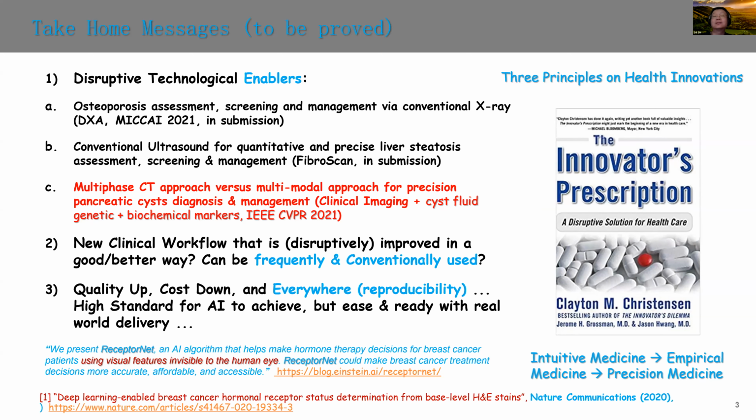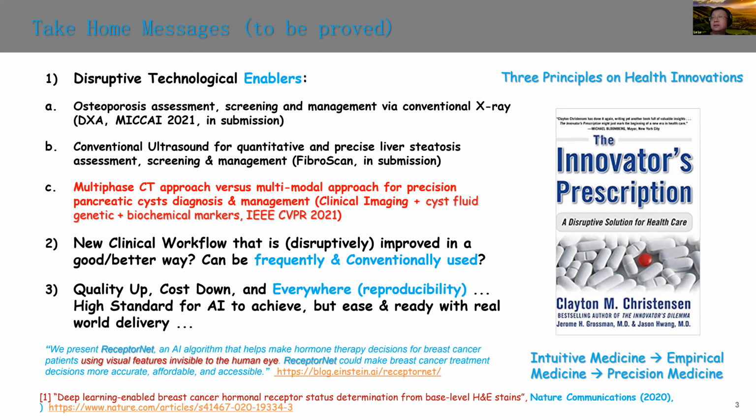But this is not translatable. It's intuitive medicine. You have to have a top expert. They can guess for a few, but we made a computational tool, and we can achieve quality as good as a Hologic DXA machine or a GE DXA machine. That's the first part of the work, to be published in MICCAI, and the clinical work is right now under revision.